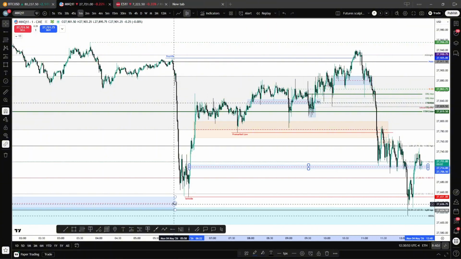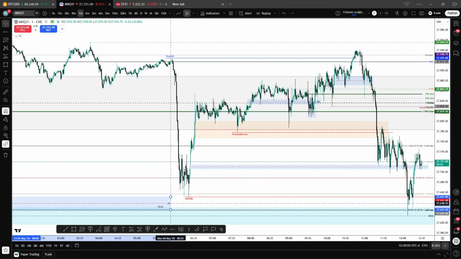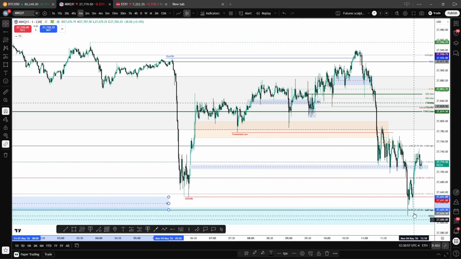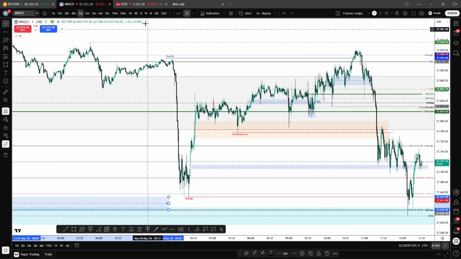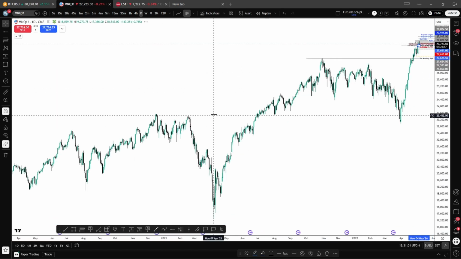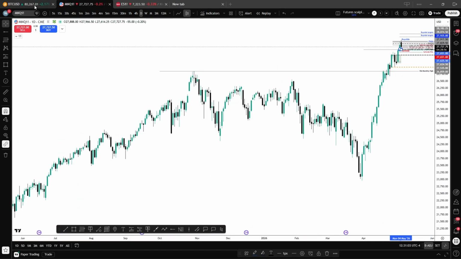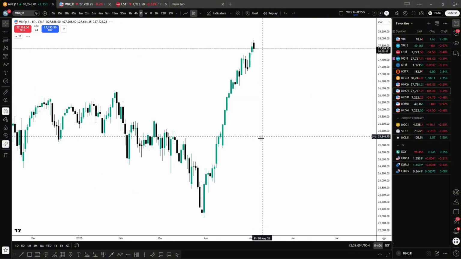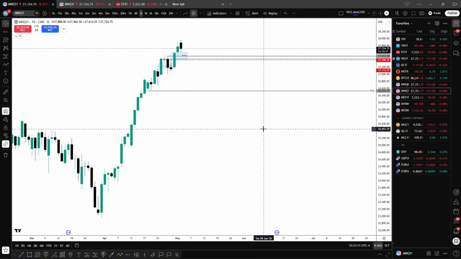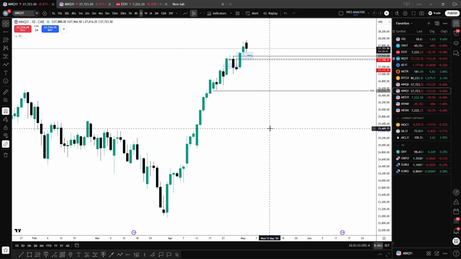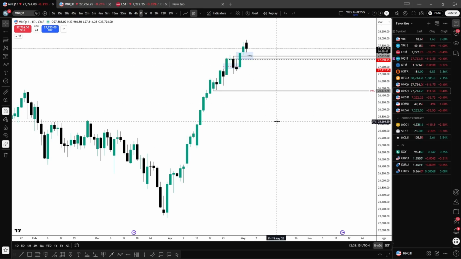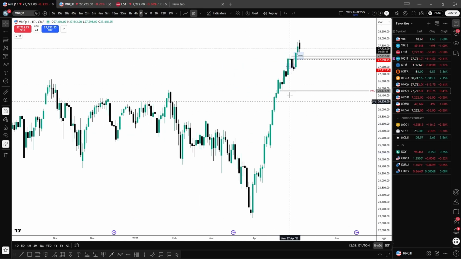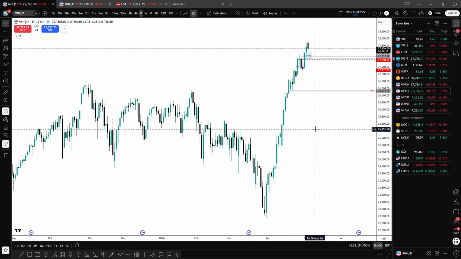And there is a remainder of an hourly BISI, but more importantly, that new day opening gap, which is part of the suspension block that I have over here marked out, that I was looking for the market to potentially trade to. It traded to it. Will we see continuation lower, or will it go higher from here?